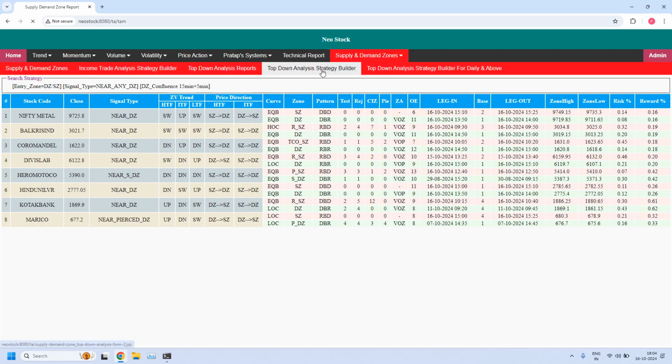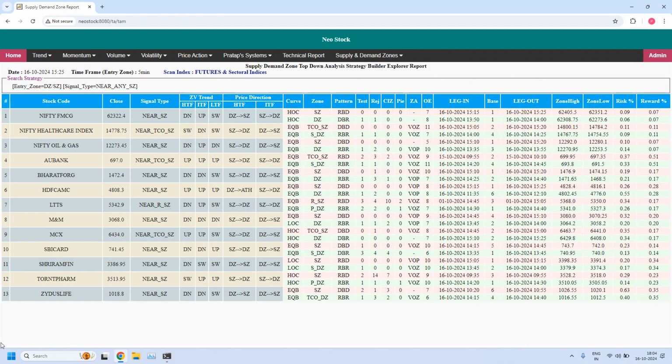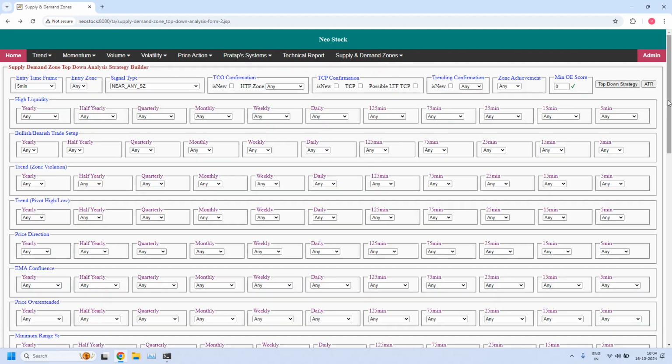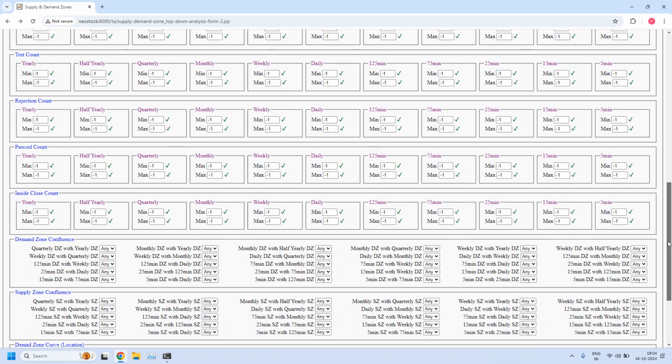Okay, next for 5 minutes time frame, let us find the stocks near 5 minute supply zone. 13 stocks are filtered. Now let's verify how many of these stocks are having ITF supply zone confluence. That is 5 minute supply zone confluence with 15 minute supply zone.